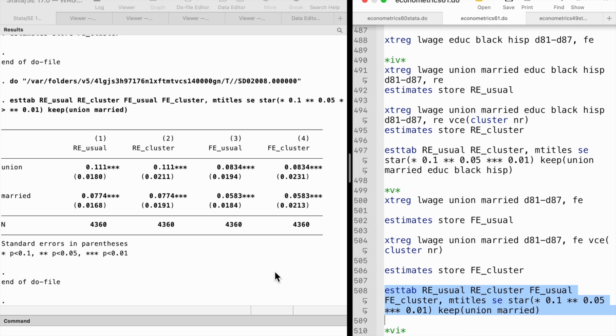The fixed effects method gives smaller estimates for the union and married variables than the random effects estimation. Using the usual or cluster robust standard errors does not change the statistical significance of the variables substantially.